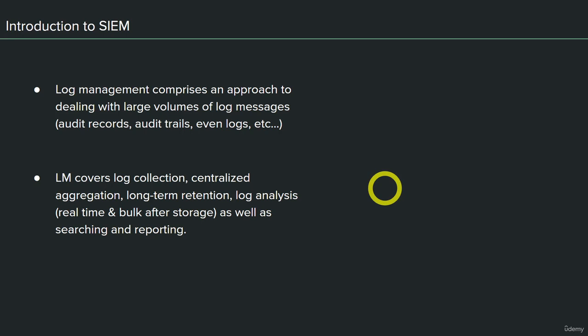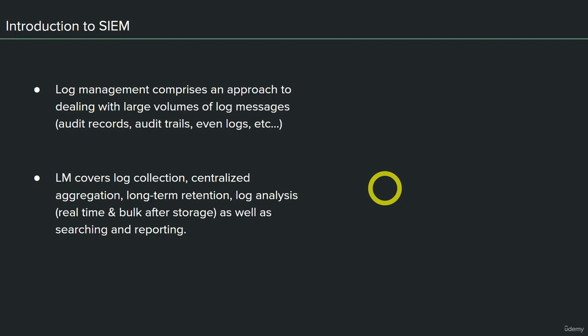So basically a SIEM system is a log aggregation platform that allows us to collect logs and perform some actions on the logs, such as adding context, alerting and reporting. That's a very basic introduction.